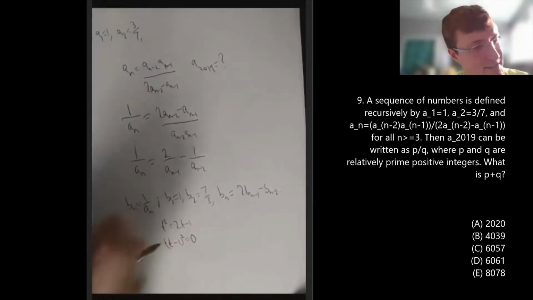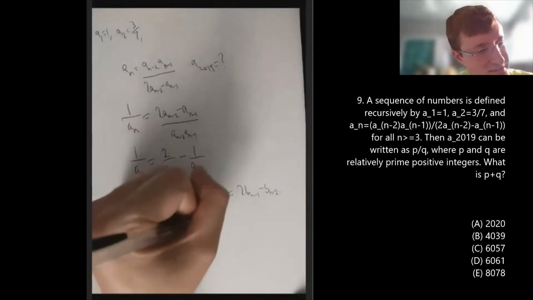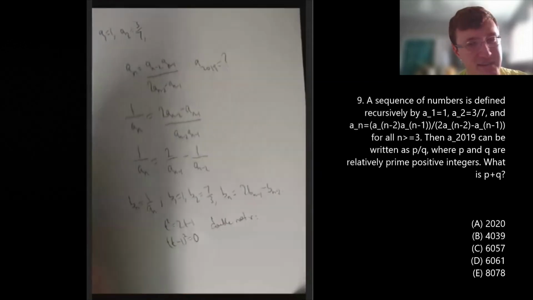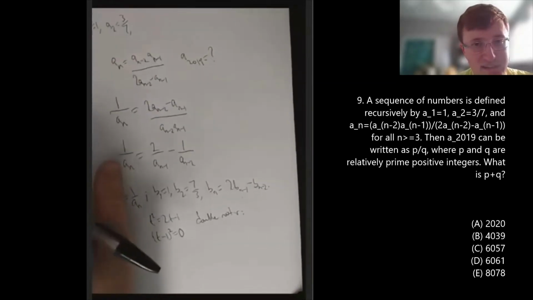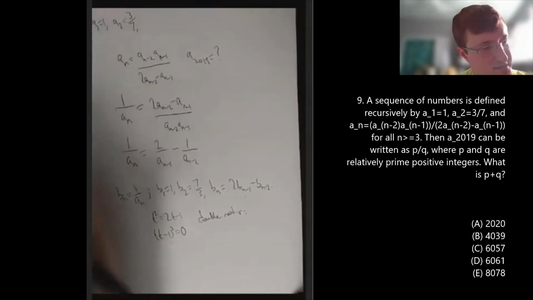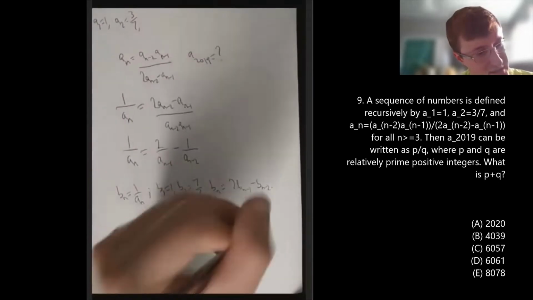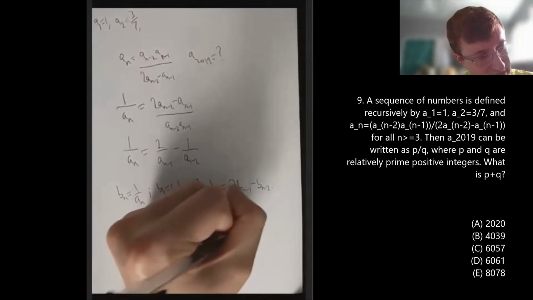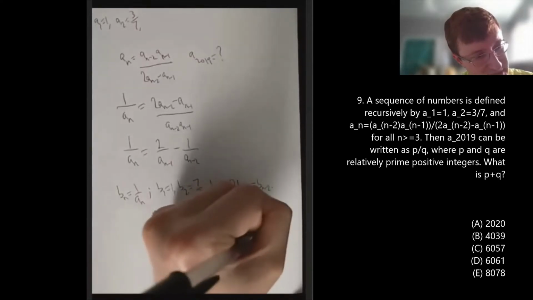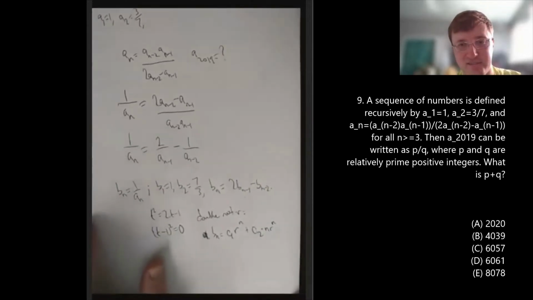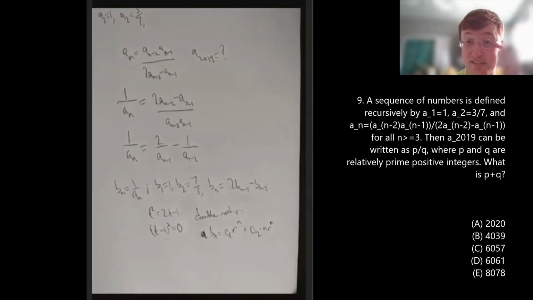So in general, if I have a double root r, then the sequence will be given by b_n is something times r to the n plus something else times n r to the n. Okay, that's just a general fact about linear recurrences.